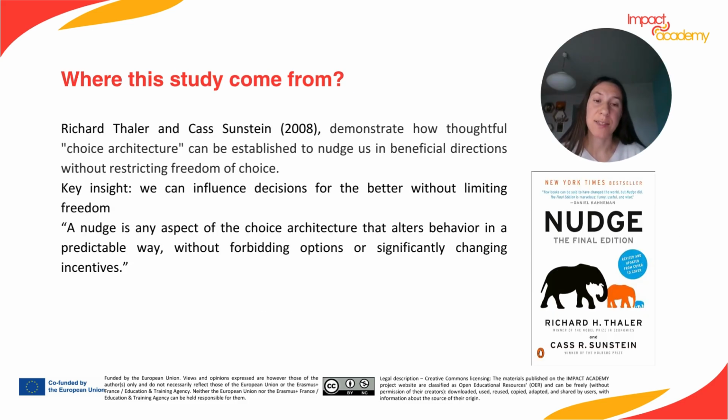The two scientists, Richard Thaler and Cass Sunstein, demonstrate how thoughtful choice architecture can be established to nudge us in a beneficial direction without restricting freedom of choice.